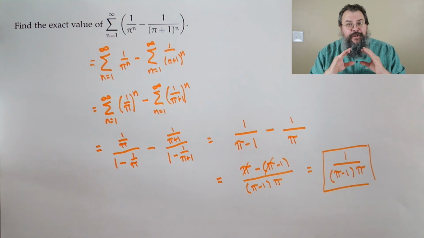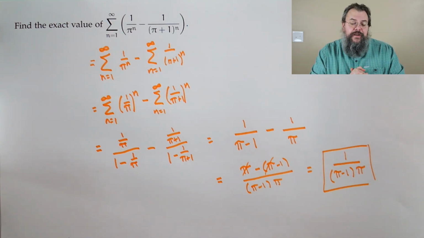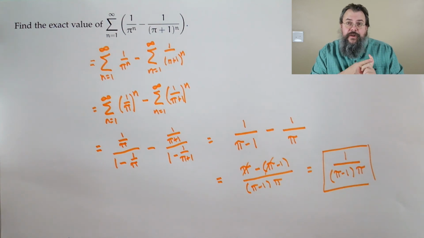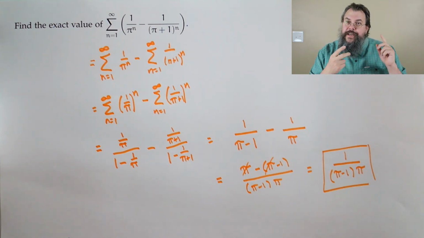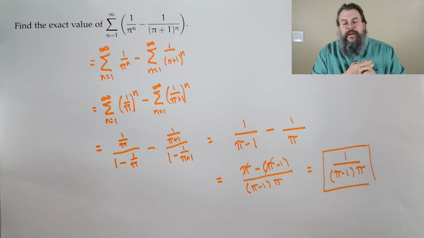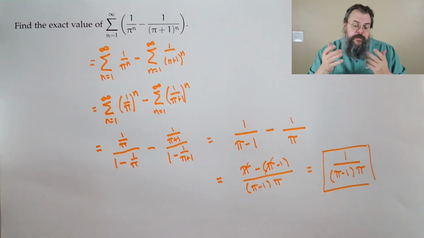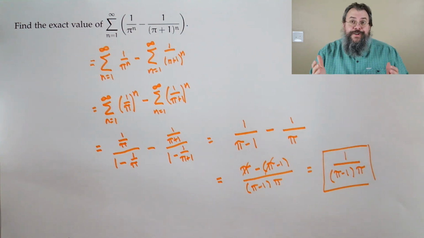Telescoping sums can be a little bit more cryptic, and essentially you should think, is this geometric? Yes or no. If it is, great. If it's not, try to say, can I rewrite it in a nice way where it telescopes? In other words, two expressions which are essentially the same except for a shift. And once you have that, you're good to go.